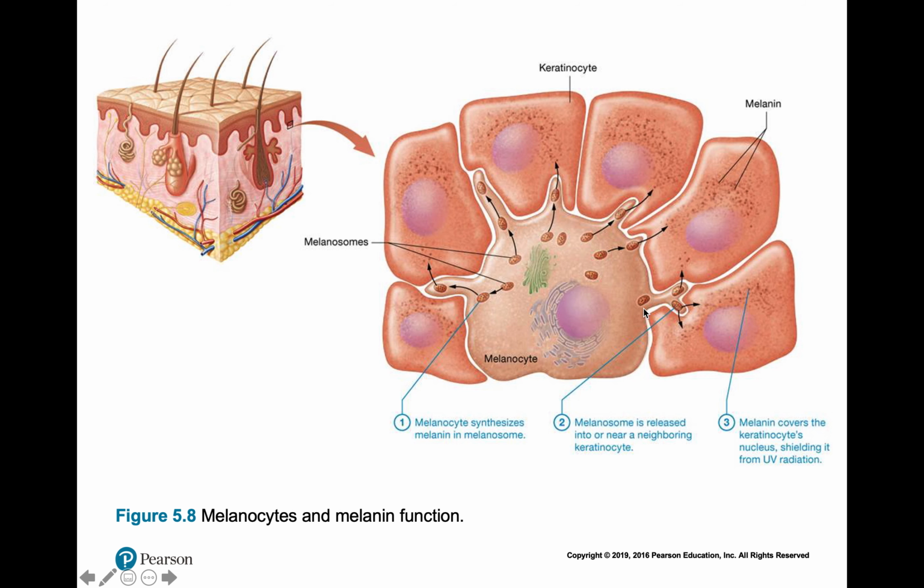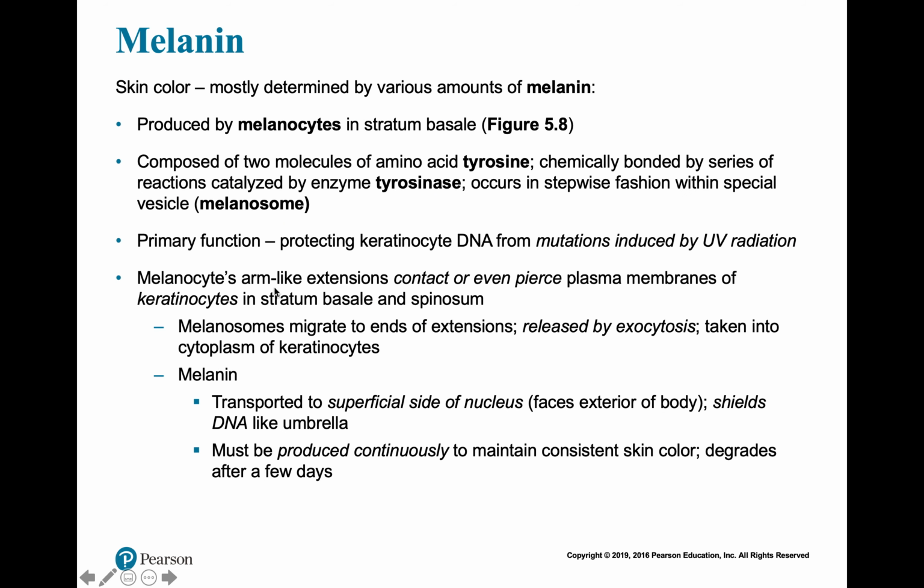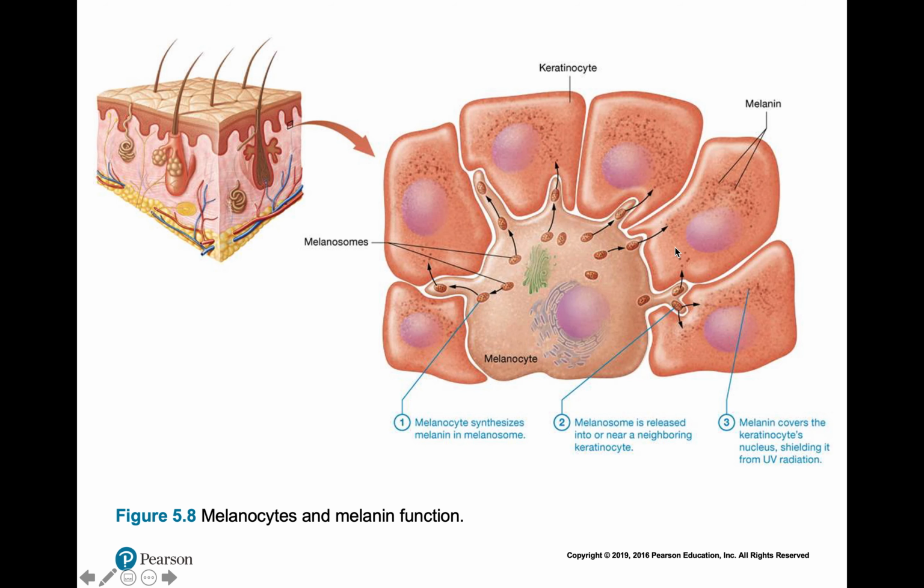So if you were wondering, if the primary function of melanin is to protect keratinocyte DNA, but melanin is produced in melanocytes, how is it that something produced from one cell protects another cell? It's because these melanosomes are released from the melanocyte via exocytosis, and then they are engulfed by the keratinocytes via phagocytosis.